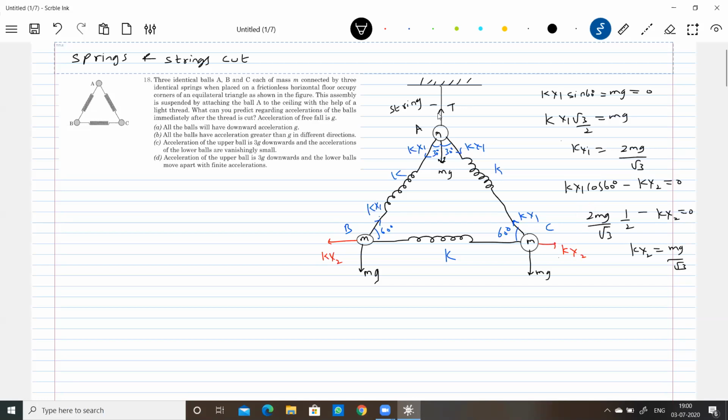Sir, in the first equation, why did you write equal to 0? So that is minus some. Okay, sir. Okay, these are the initial values. Now I'm going to cut the string. So let's see what will happen. This was the string.